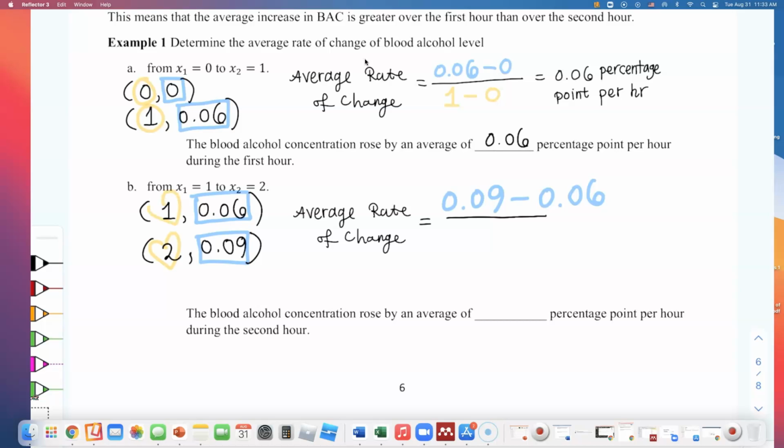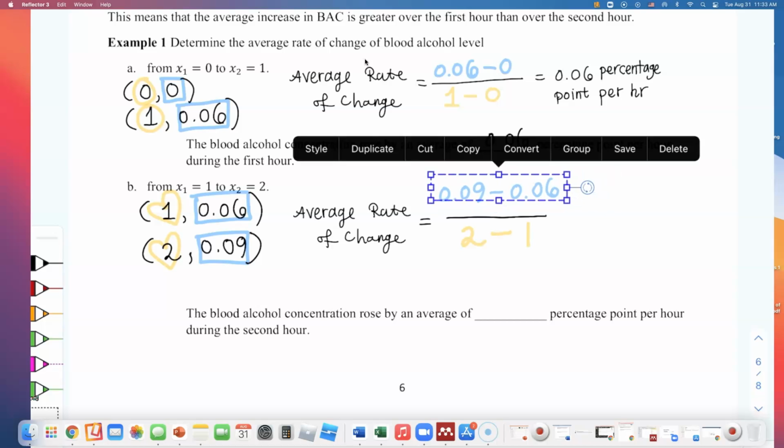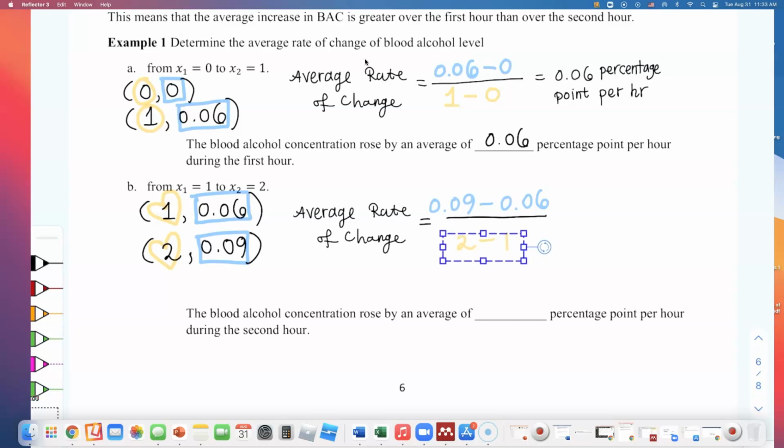I have to do 2 minus 1. If I do that, I'll be able to simplify and get the rate of change. Let's see what that is. The numerator will be what? 0.03. The denominator is just 1. So the final answer is simply 0.03 percentage points per hour.